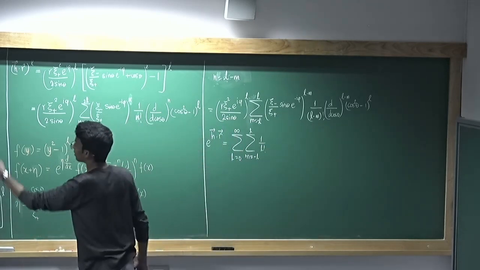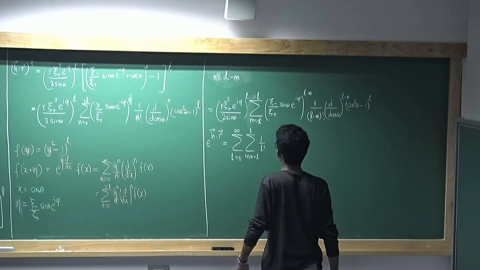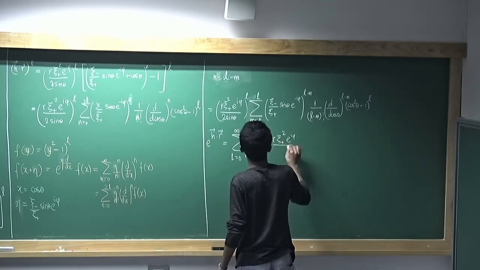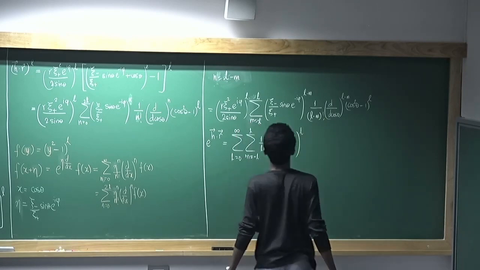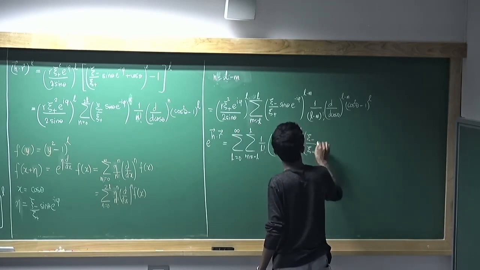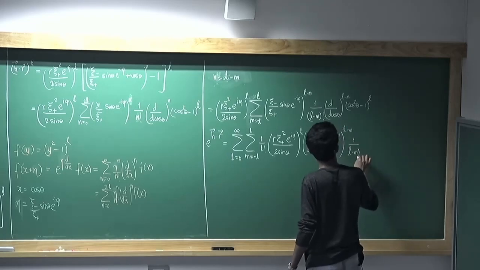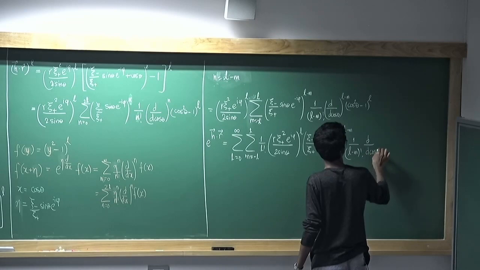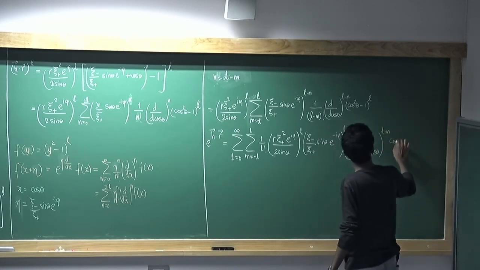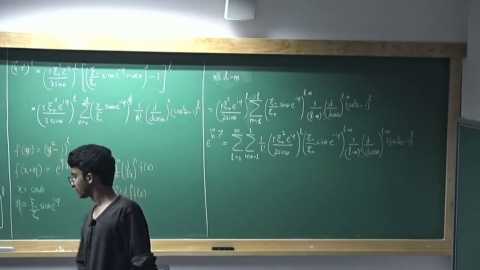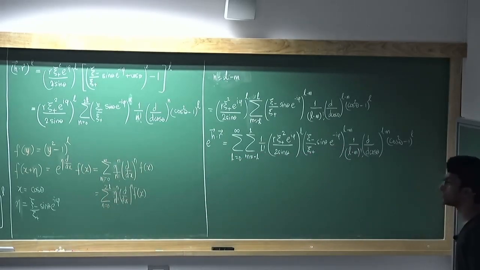This is from the sum in the expansion of the exponent, times root xi plus squared e to the i phi over 2 sin theta to the L, times xi minus over xi plus sin theta e to the minus i phi to the L minus m, 1 by L minus m factorial d by d cos theta to the L minus m cos squared theta minus 1 to the L.